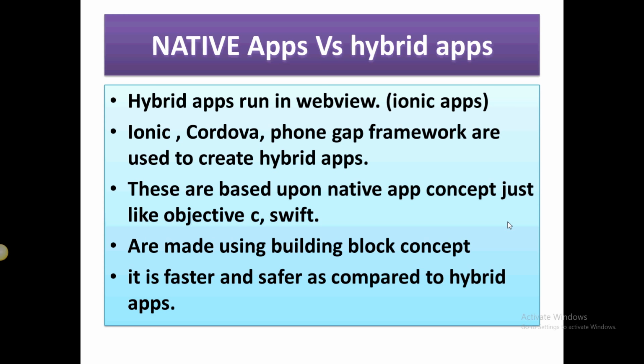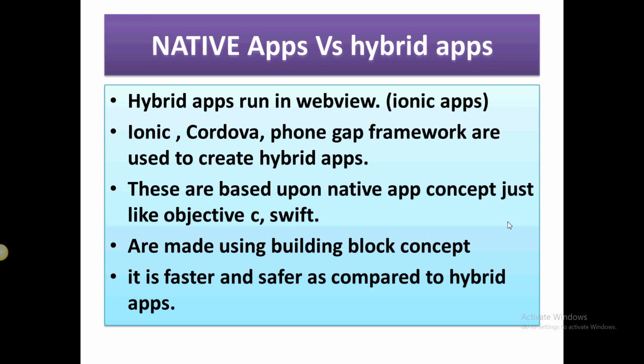But the problem was the apps that we were creating using hybrid apps, using Ionic, were not native. Not native means they were using web view. So most of the look and feel or the behavior of the controls was not exactly the same as in the case of a native app.